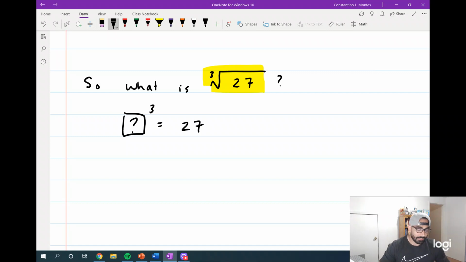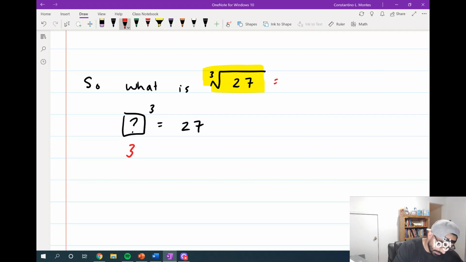What number do I have 3 factors of, all multiplied, and it has to be the same number, that gives me 27? Well, 3 times 3, there's 2 factors there, is 9. And if I multiply that by 3 again, that's 27. So the cube root of 27 is actually equal to 3.